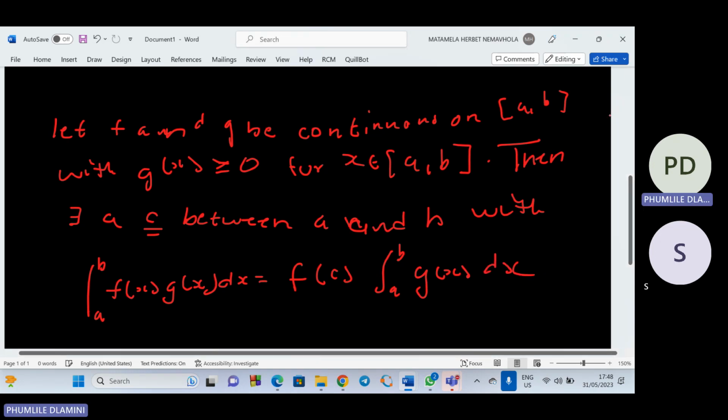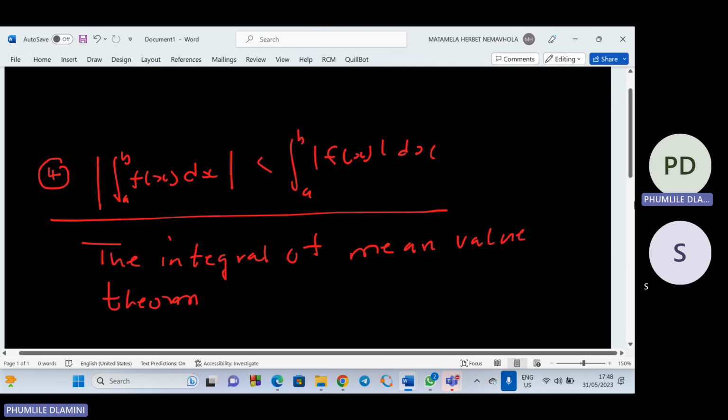So this is just a formula that you must take into account.